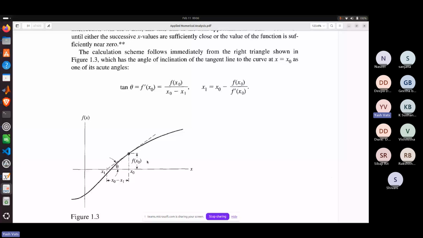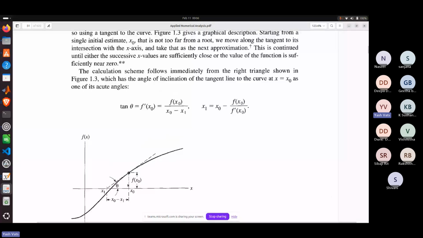So you start with just one point, x naught, and calculate the value of f at x naught.